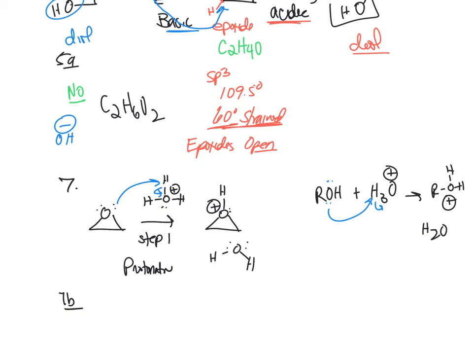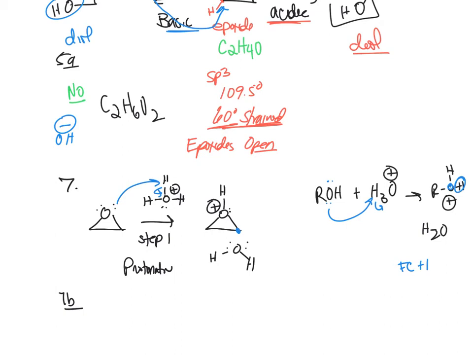Compare the protonation of the alcohol to the protonation of the epoxide. What is the same and what is different? Well, the oxygen's getting protonated. The protonated oxygen has a formal charge of +1. The only difference is the alcohol has a hydrogen, whereas the epoxide has a carbon.